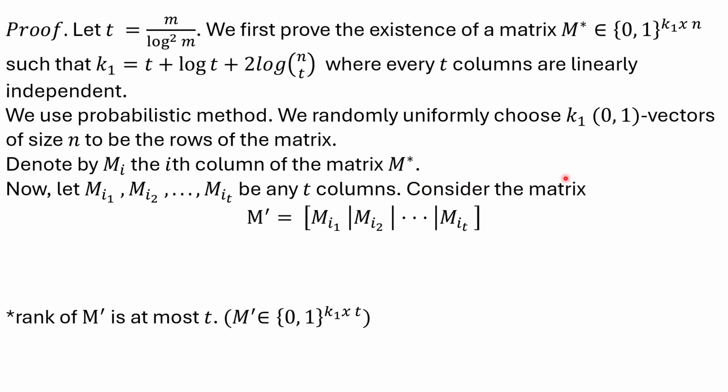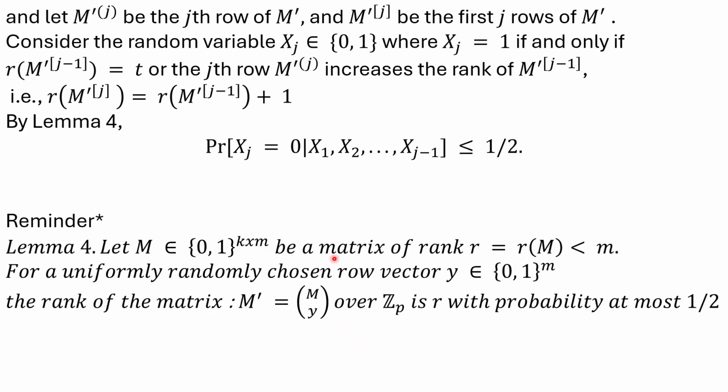We consider the new matrix M tag, which has columns Mi1 to Mit. We can see that the rank of M tag is at most T because it's of size K by T. Let M tag j be the jth row of M tag, and M tag with j as a subscript be the first j rows of M tag.